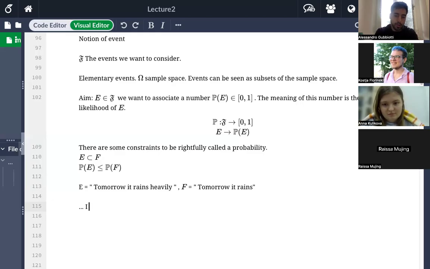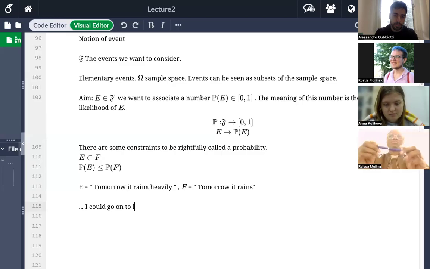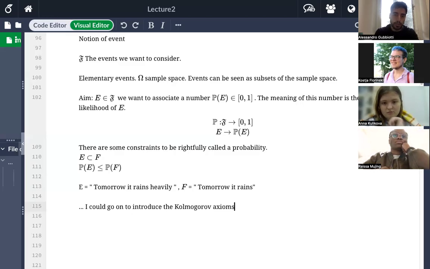I could go on to introduce the Kolmogorov axioms, but I won't do that because they are too technical, and maybe I will do it later.